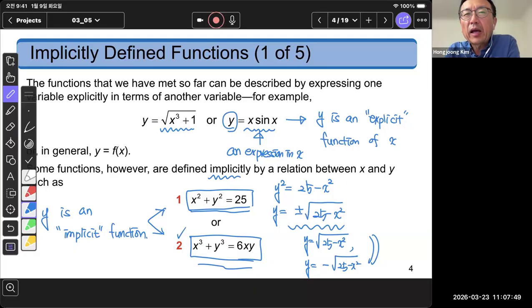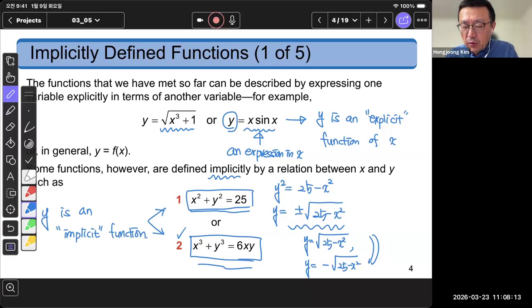And in that case, you do not have to derive an explicit form when you want to find this rate of change. All you have to remember is that this y is some function of x.